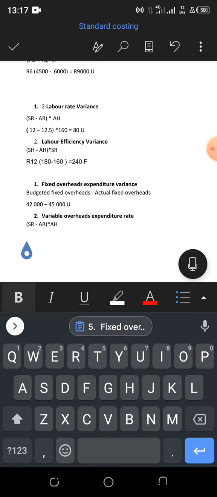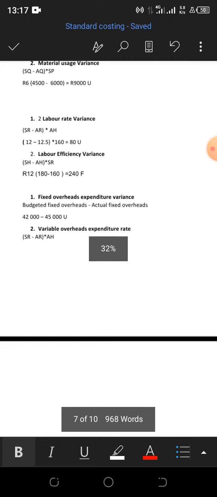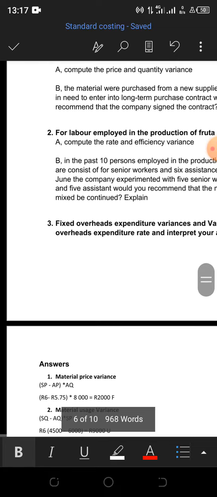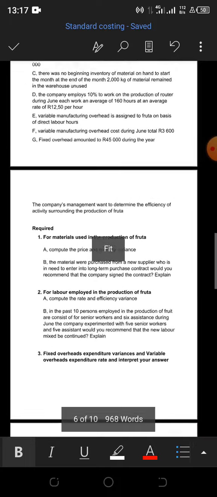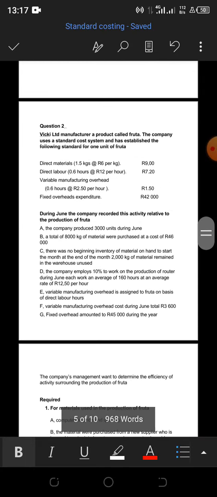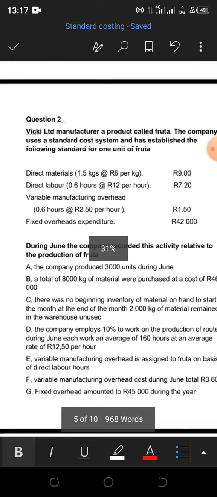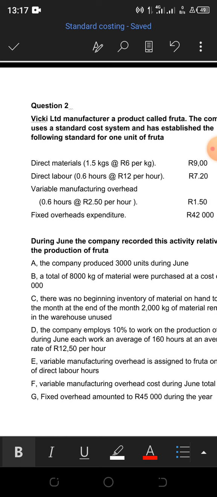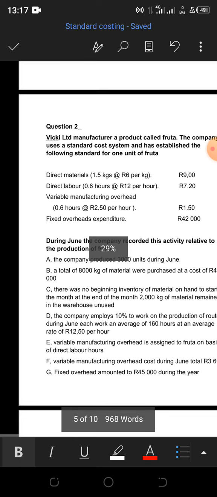Okay, then lastly, the variable overhead expenditure rate. We have to use the standard rate minus the actual rate, multiplied by the actual hours. Let's look for the standard rate, actual rate, and actual hours. Let's go to the question. For variable manufacturing overheads, we have a standard rate of 250 per hour.